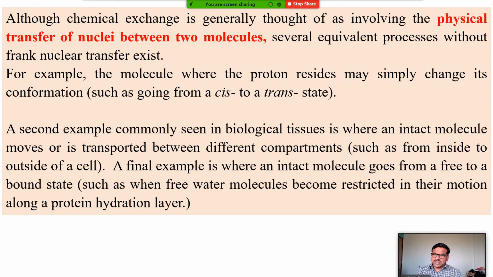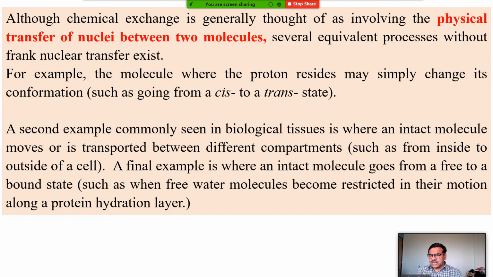Second example, commonly seen in biological tissue, is where an intact molecule moves or is transported between different compartments, such as from inside to outside of the cell. A final example is where an intact molecule goes from a free to a bound state, such as when free water molecules become restricted in their motion along a proton hydrogen layer.